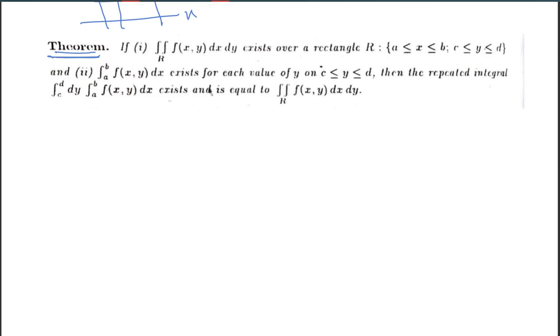No need to remember the theorem, just simply try to understand that we can write. This is required for the problem. No questions will be asked from the theorem. Suppose this double integral f(x, y) dx dy exists over a rectangle R, and this integral exists for each value of y in [c, d], then this repeated integral exists, and we can say it will be equal to the double integral over this region.